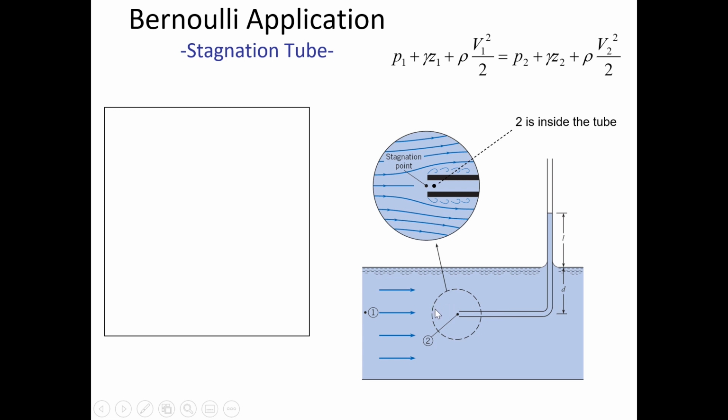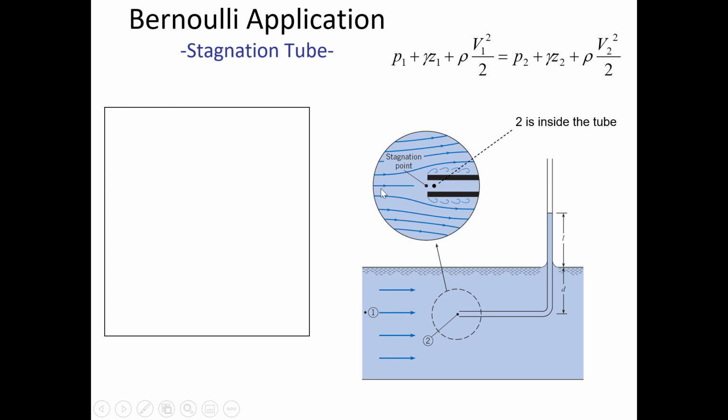at the stagnation point. And so here at location 1, in a stream where the water is moving from the left to the right, water has a certain amount of pressure, of course, because it's down beneath the water surface. It also has velocity at 1.